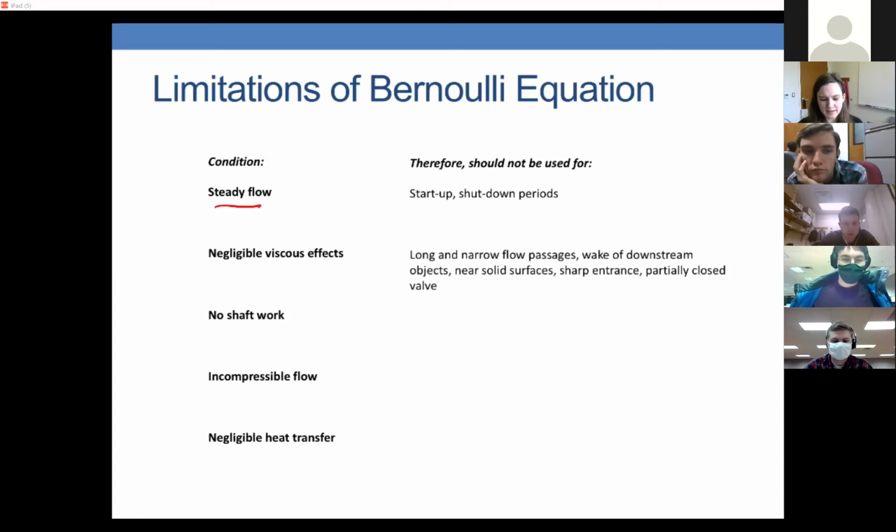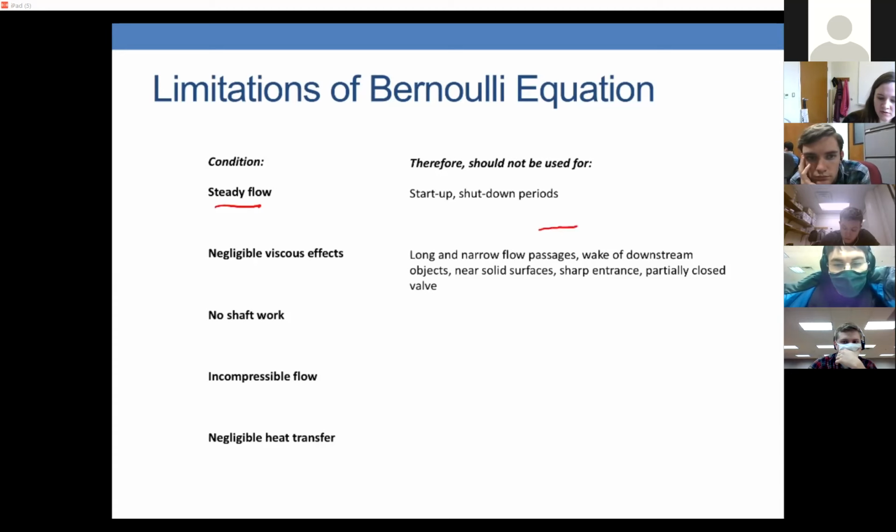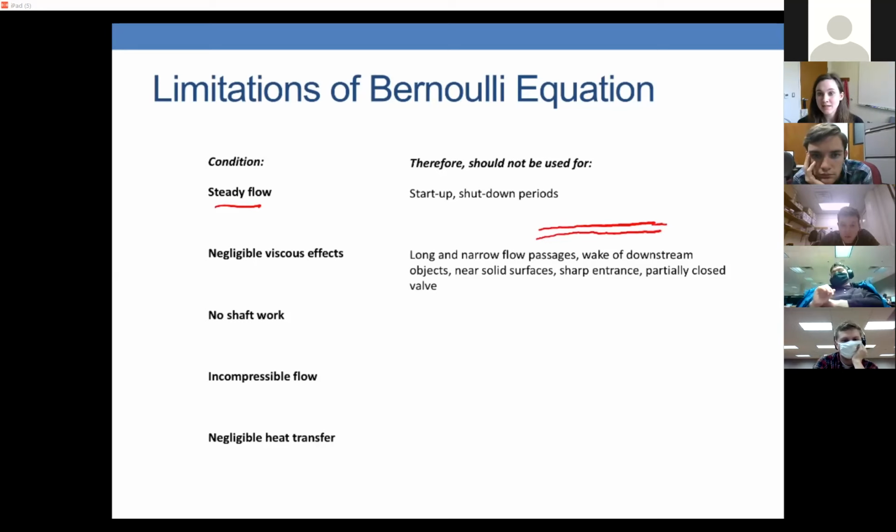Negligible viscous effects. So I said close to a surface. And that means that if you have a long, narrow tube, the longer and the narrower it is, the more inaccurate the Bernoulli equation will be.